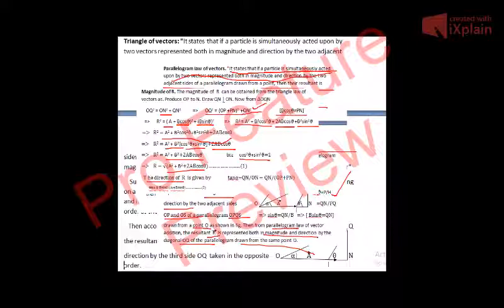Now the direction of R is given by tan alpha is equal to QN by ON, is equal to QN by OP plus PN, and we substitute the values of QN, OP and PN, and we get tan alpha is equal to B sin theta by A plus B cos theta.